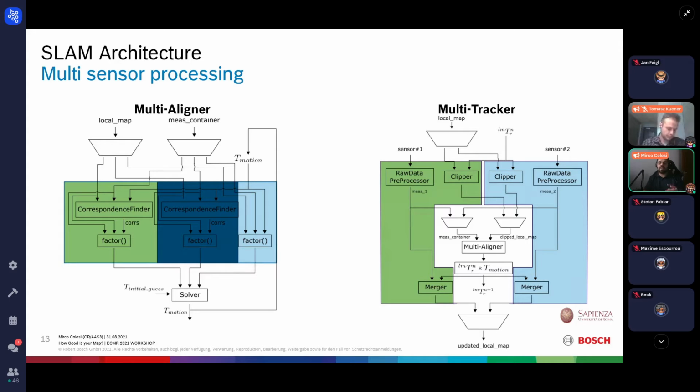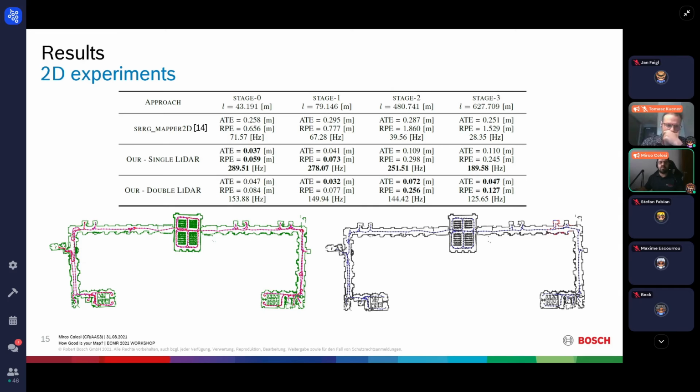Here in the slide, we can distinguish an arbitrary multi-aligner with two slices and with three slices and a two-slice multi-tracker. I want to stress, however, that each slice is contributing to estimating a single quantity. In the case of the aligner, it's the ego motion of the robot, while in the case of the tracker it is the local map and the trajectory of the robot within it. So we validated our results both on 2D and 3D datasets.